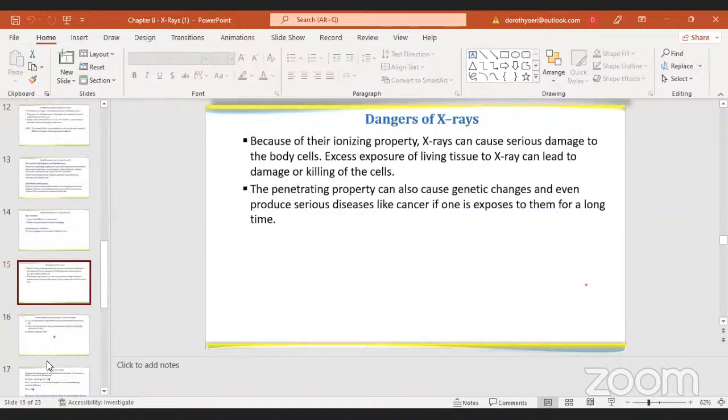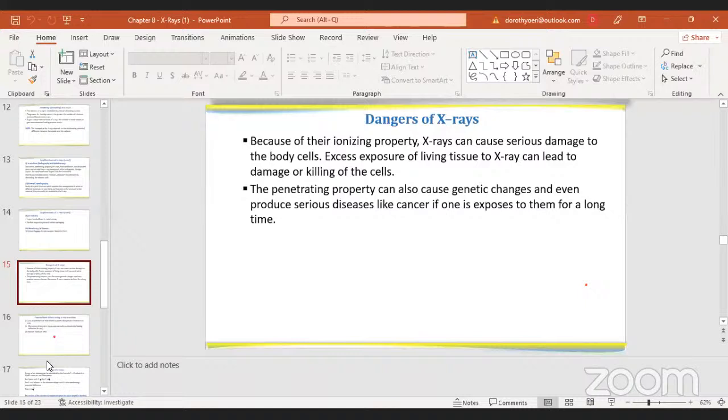And then dangers of X-rays. This part you must be able to explain. Combining with your biology, you can explain what the dangers of X-rays are. Remember, when X-rays penetrate matter, one of the properties we say is that they cause ionization. Therefore, when somebody is exposed to X-rays, especially in large quantities, there can be damage to the body cells. Excess exposure to living tissues can kill the body cells.